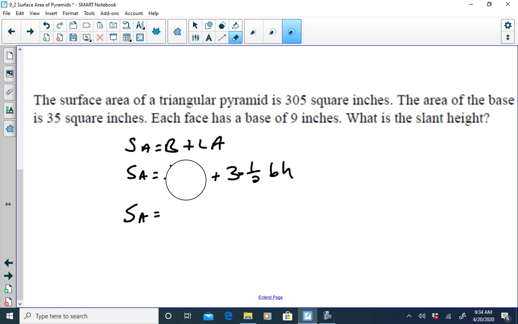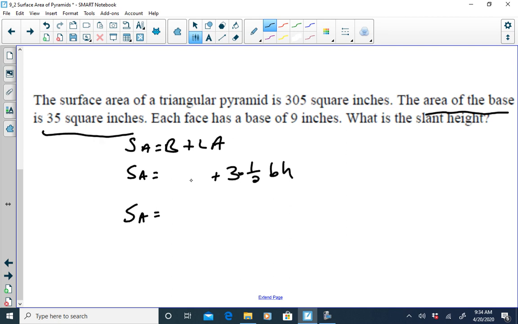We're told that the area of the base is 35 square inches. So we're told what that capital B is. That's 35. Plus 3 times 1/2. Well, we're told that each face has a base of 9.